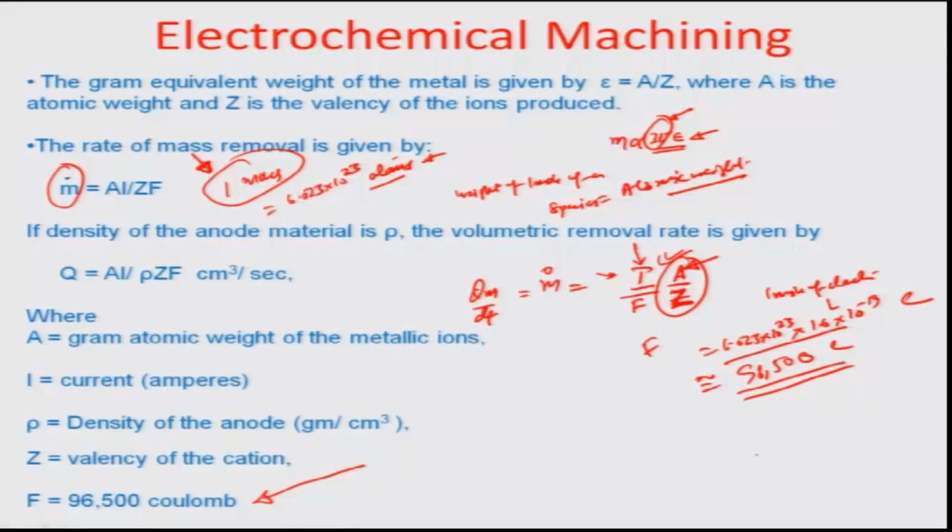It is a very good way, because in 1 mole you know that A by Z mass is removed. So, the m dot, which is also the material removal rate in grams per second, is given by AI by ZF.